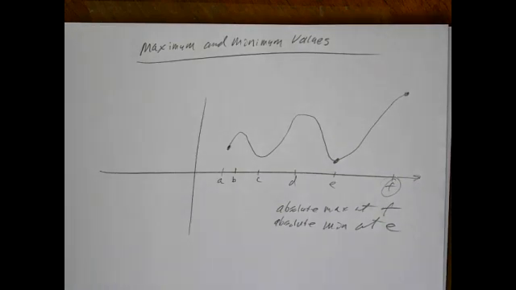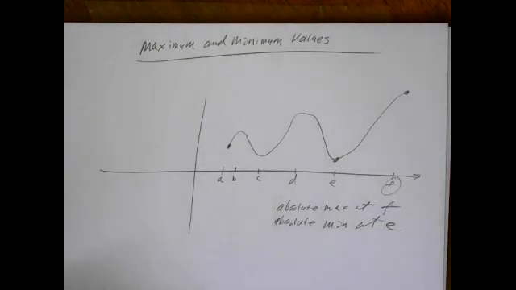Think of it graphically as the highest point the graph ever attains. We're going to have absolute minimums being the lowest point the graph ever passes through over its entire domain. Those are, I think, pretty clear cut, pretty straightforward, pretty obvious.